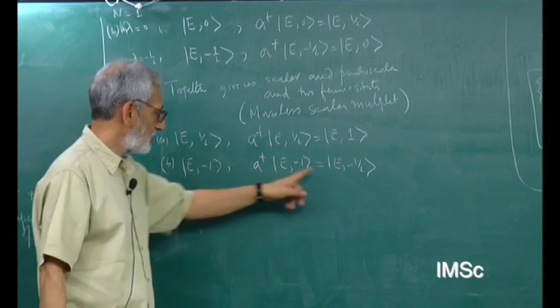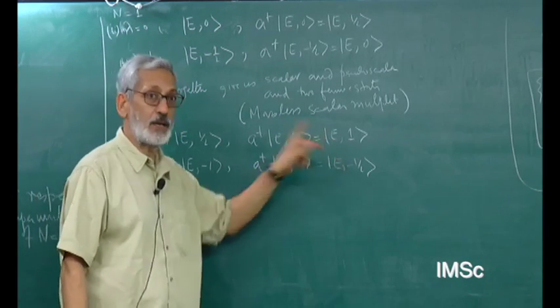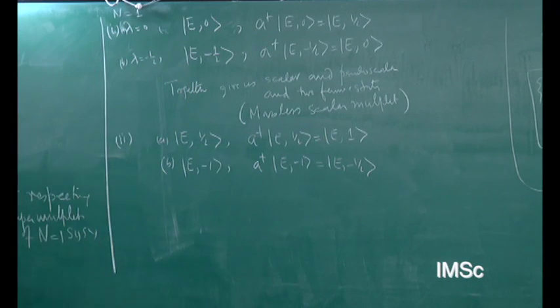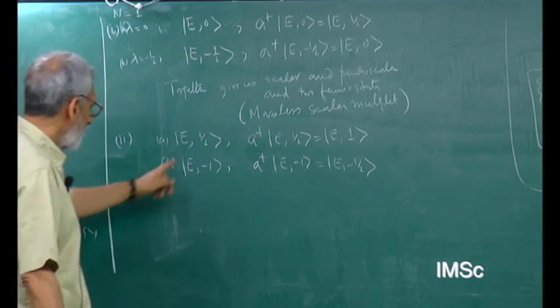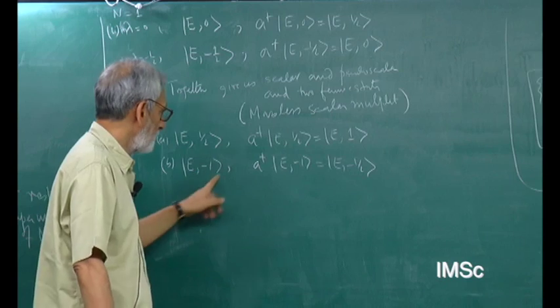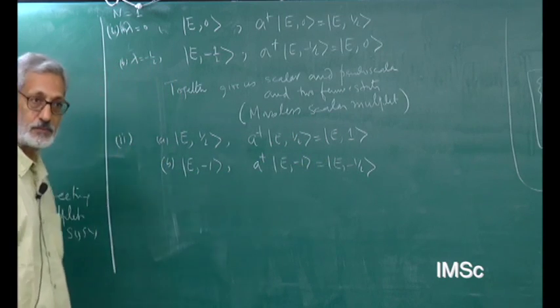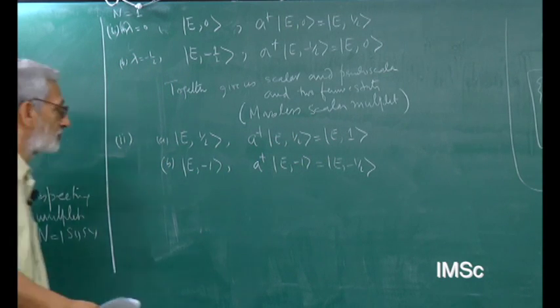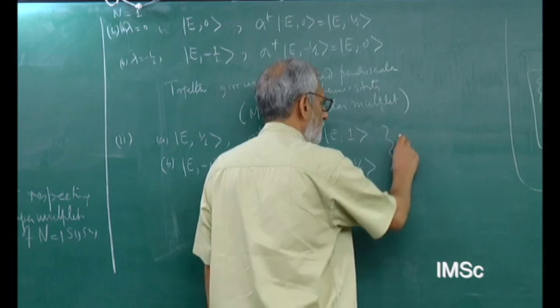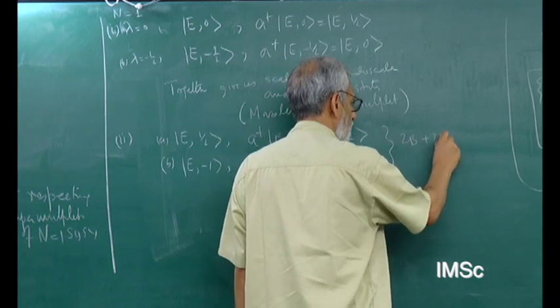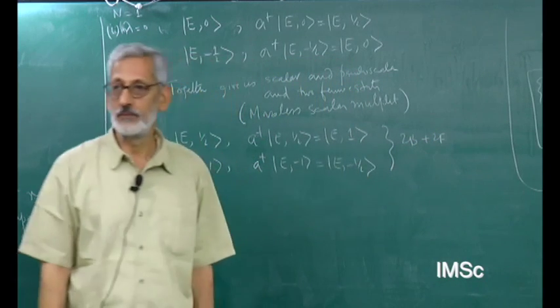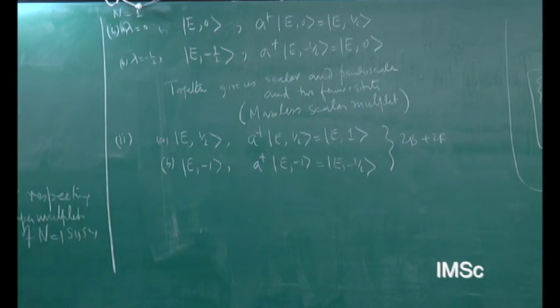Now this is the CPT conjugate of that, this is the CPT conjugate of that. I have 2 fermionic states, 2 bosonic states. So 2 bosons, 2 fermions. All massless.